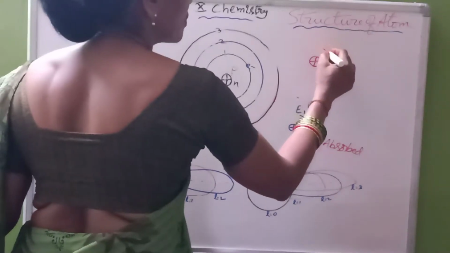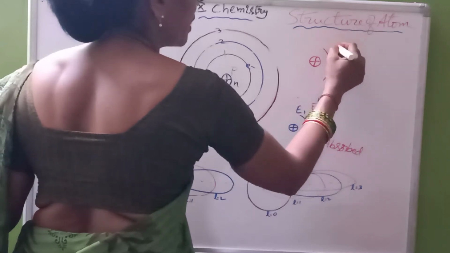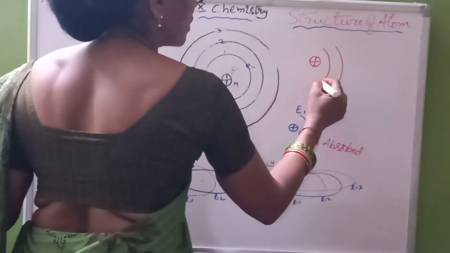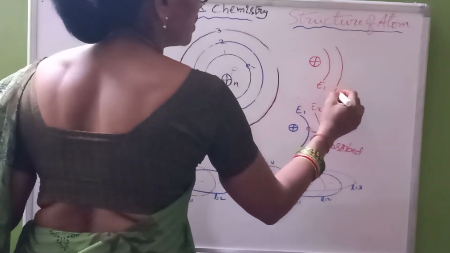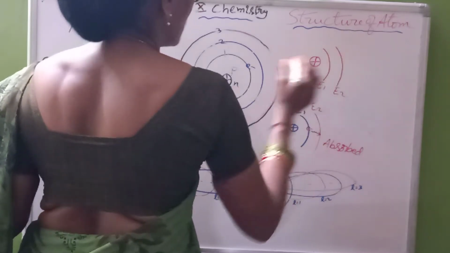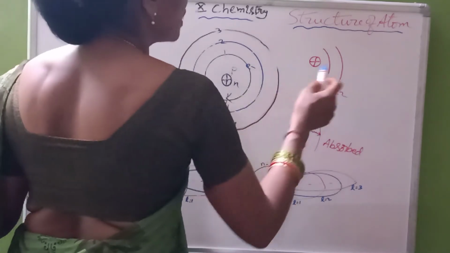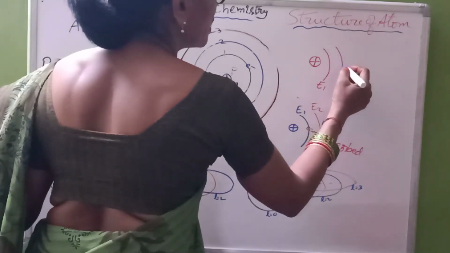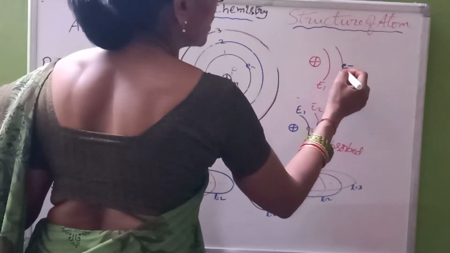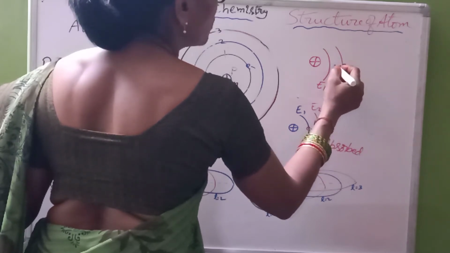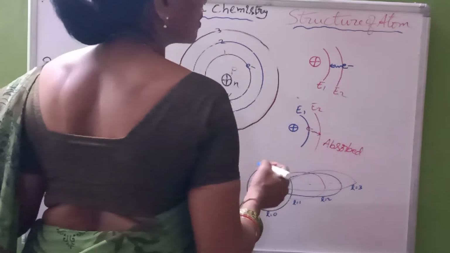So here we are able to find, this is one shell, this is another shell. In certain cases, an electron in the higher energy level may jump into the lower energy level like this.